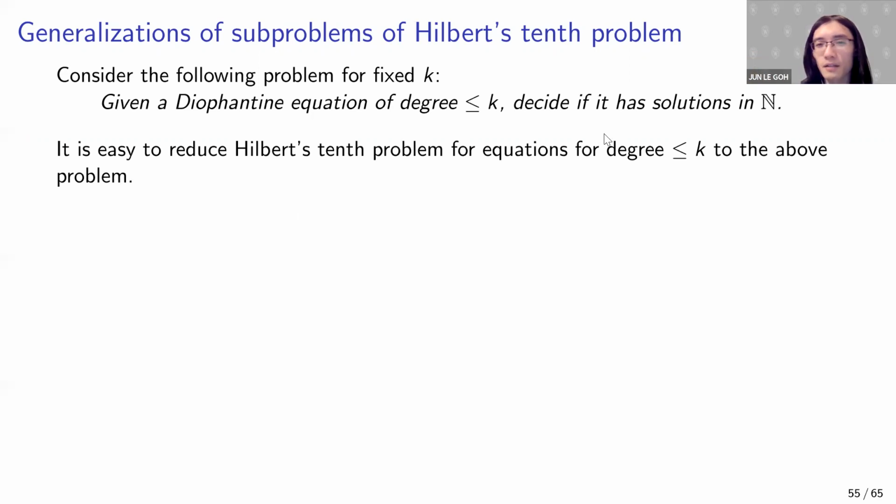And this is done by, well, if we have an equation and we are interested in whether it has integer solutions, we can just double the number of variables and express each integer variable as the difference of two natural number variables. That transformation doesn't change the degree, so it gives a reduction.